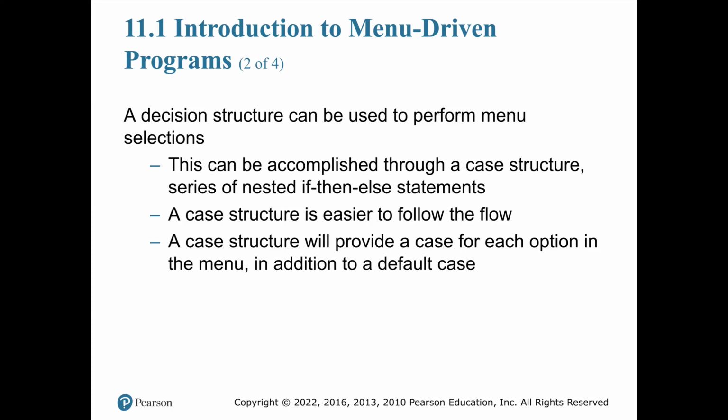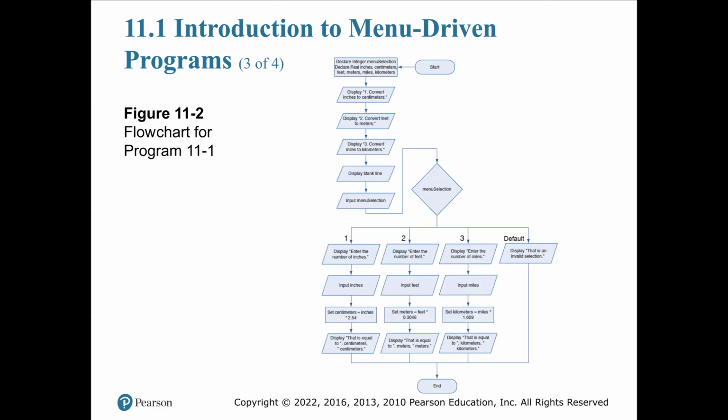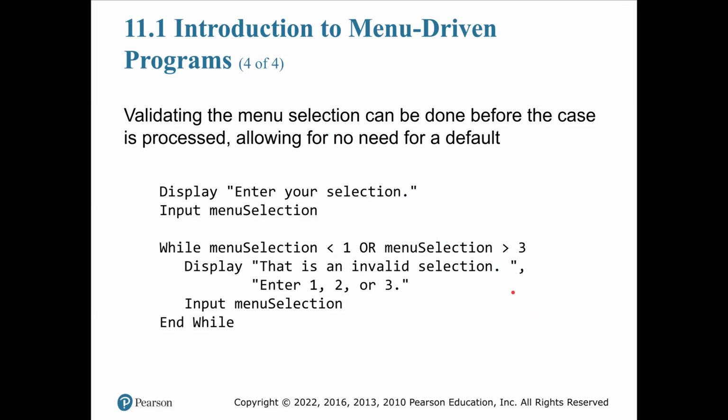Using a case structure is typically the fastest way to do that, and that's what we've done. We've seen that in some of the examples that we've done in this class. Here's what the flowchart would look like. You can see at this point that the flowcharts are beginning to get very complex. This is a flowchart of the case structure with different menu options.